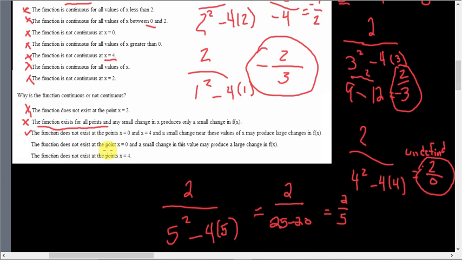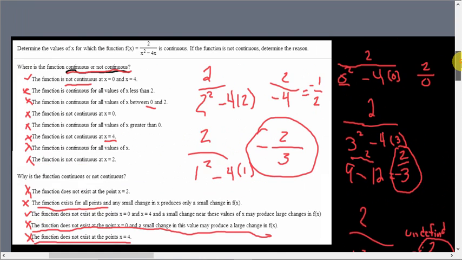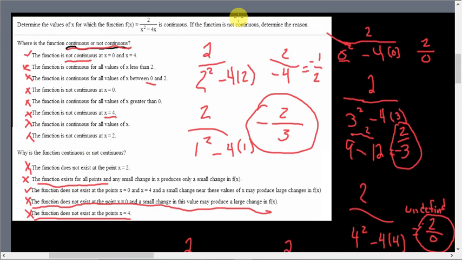The function does not exist at the point x equals 0, and a small change in this value may produce large change. Alright, so at least we know what they're looking for, but the function also doesn't exist at 4. So we're going to have to cancel these out. So we're going to say this one, and that one. The function is not continuous at x equals 0 and 4. And that's it for the first one.